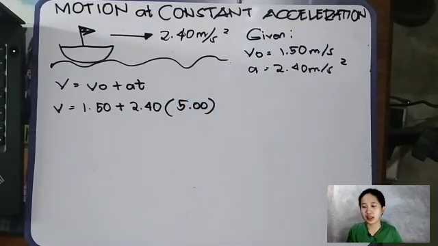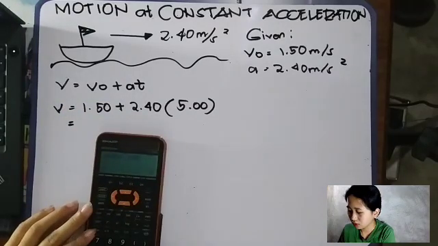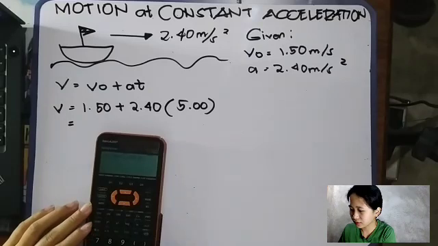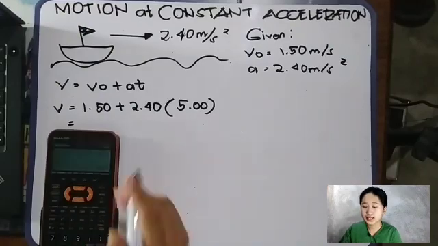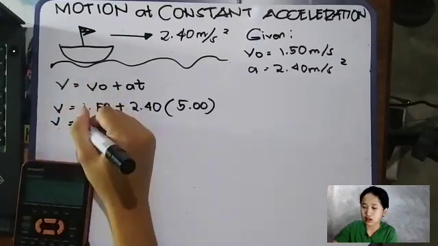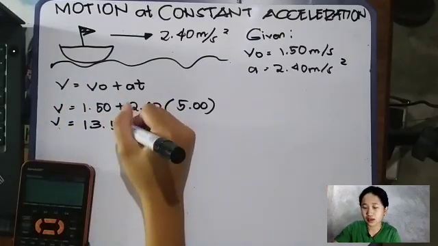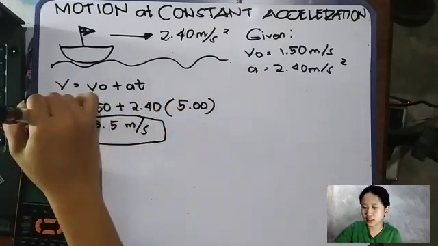Ayan, then, compute: 1.5 plus 2.40 times 5 seconds is equals to... ang sagot is 13.5 meter per second. So, yan yung velocity natin.